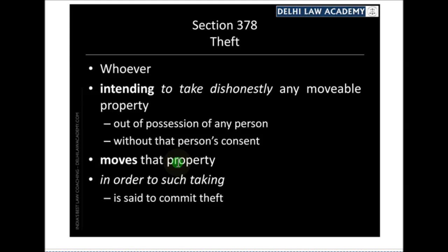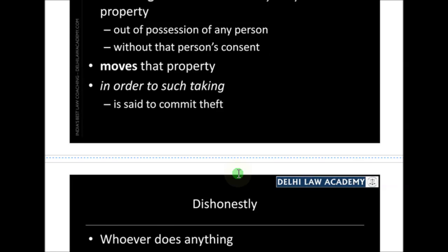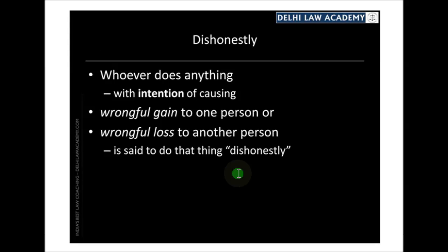It should also be noted that the intention should be to take the property out of the possession of any person without that person's consent. These are the ingredients. Now, an important word, dishonestly, we have to examine, and we find that this has been defined in the IPC. This is the definition given there.